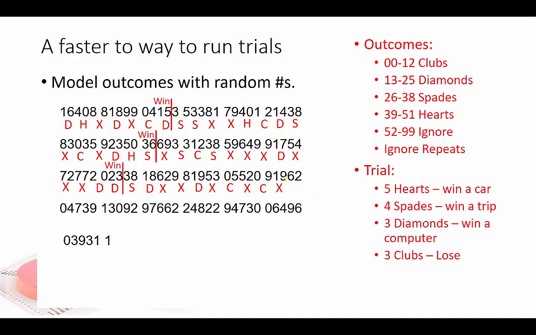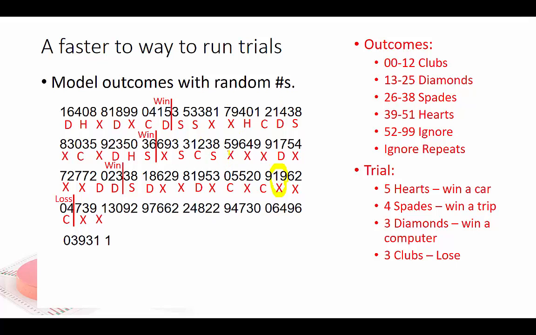And the thing is, I've already drawn the 19 card, and so I shouldn't really be drawing it again for this game. So not only do you have to tell me what to ignore outside of the range, you also need to tell me if I'm ignoring repeats. Most of the time, we ignore repeats. There's 62, which is ignore, club, and oh, 3 clubs, we lost. We have a loss there.